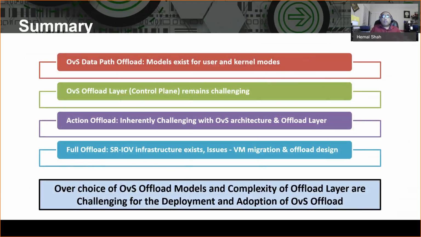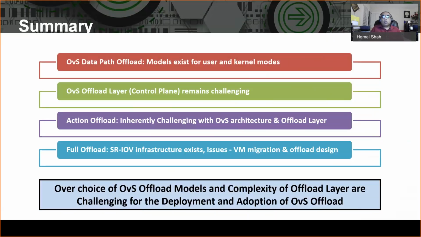The control plane OVS offload layer continues to be challenging, and it's inherent in the design of it. We ran into this with action offload, where inherently the architecture and OVS offload layer design prevented a simple action offload model from being upstreamed.